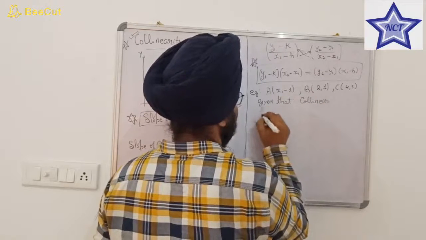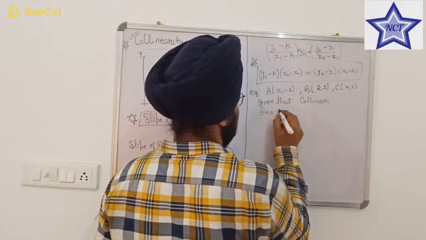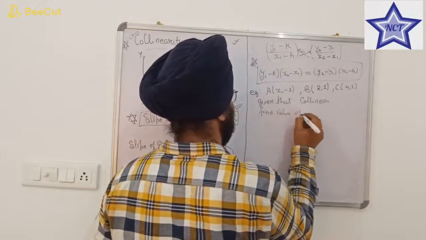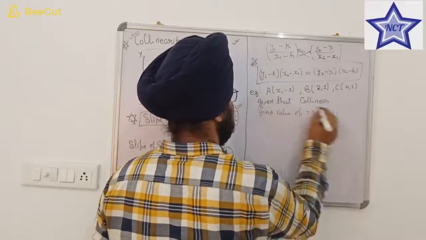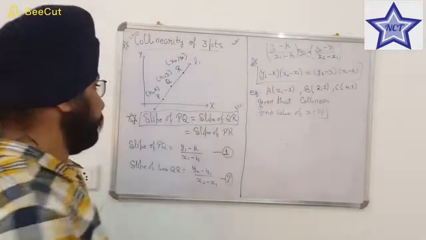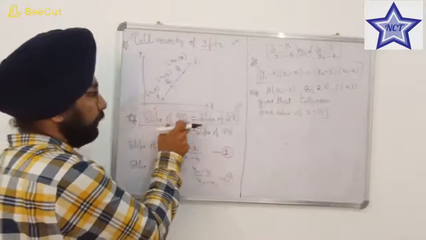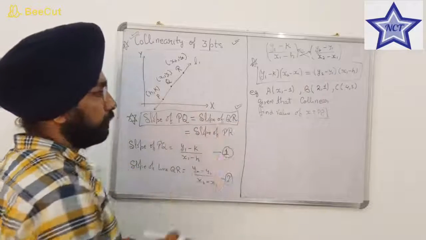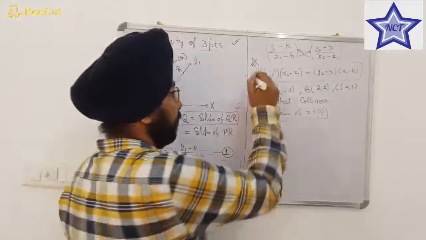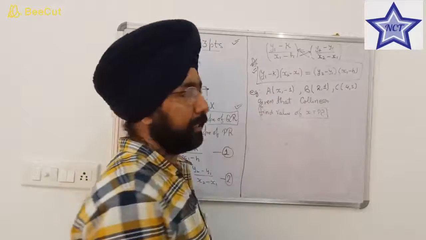Find the value of x. There are two methods. Either use the condition that the slope of AB must be equal to the slope of BC, or directly use the obtained result.